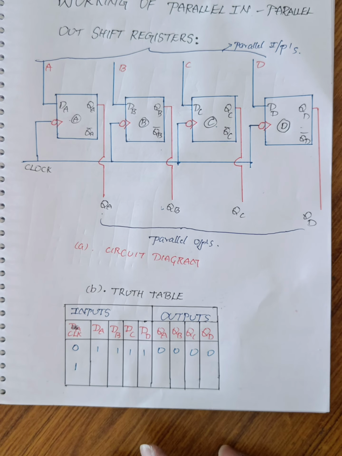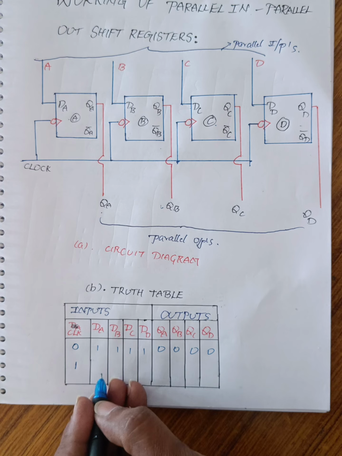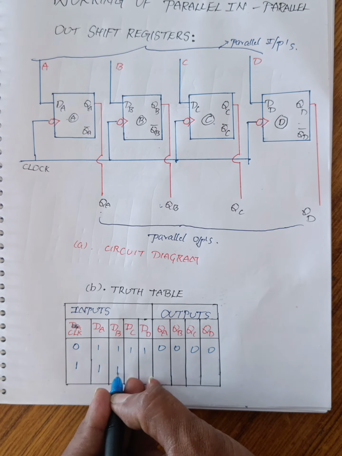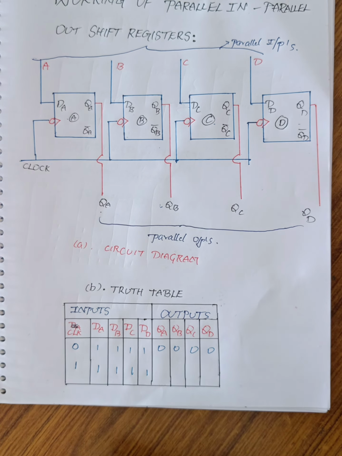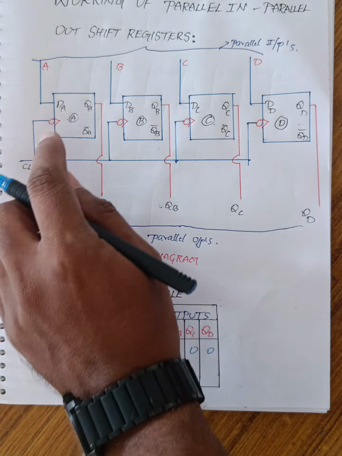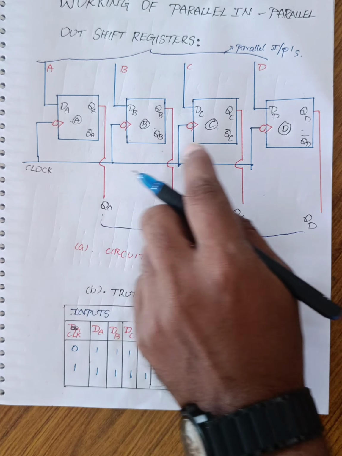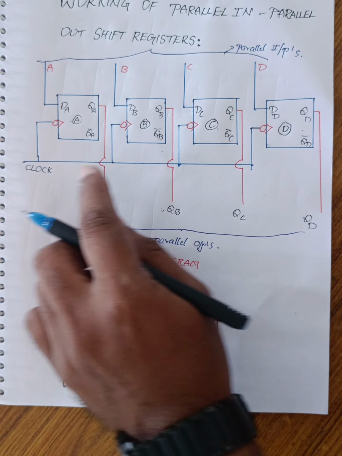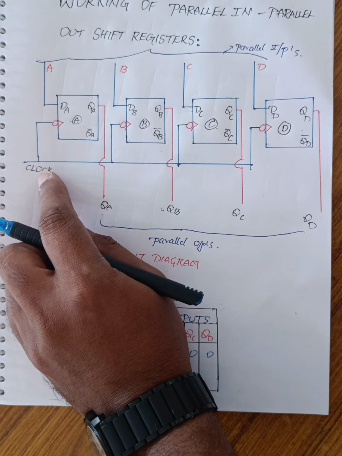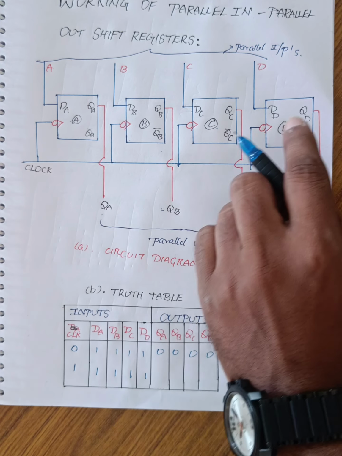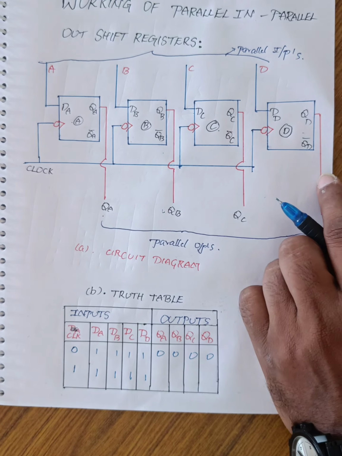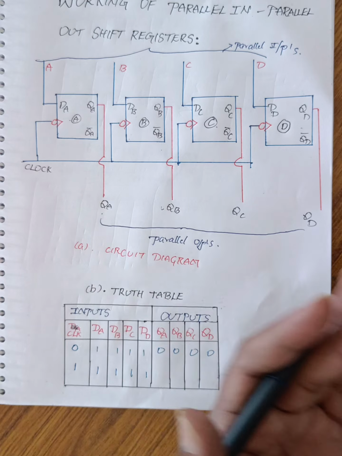Whenever the first clock pulse is applied, I am applying 4 inputs of data 1, 1, 1, 1. First clock pulse applied means for the 4 flip-flops we are giving input data and an external clock signal. So the 4 flip-flops are in on condition. On condition means it is ready for the operation.